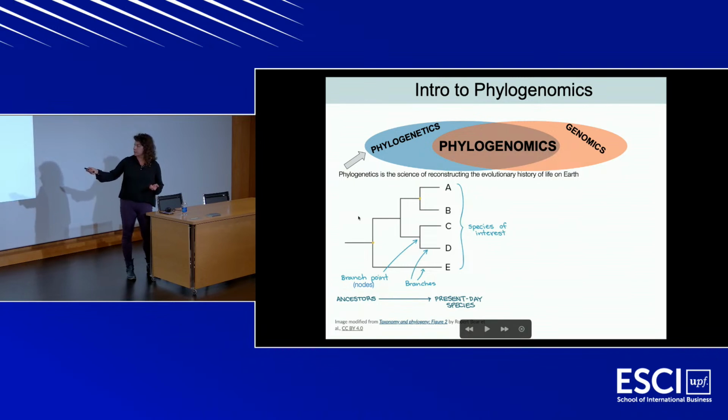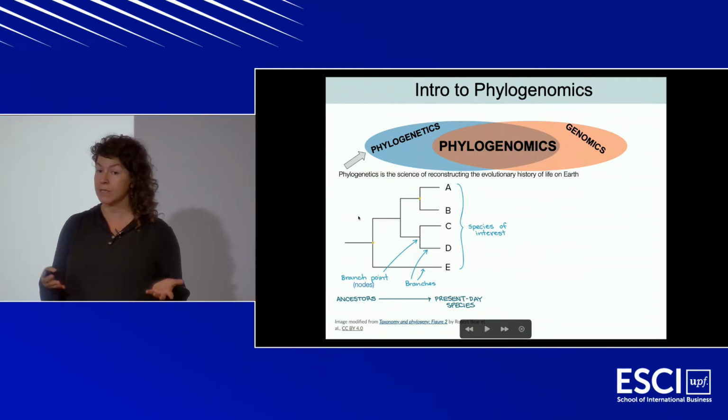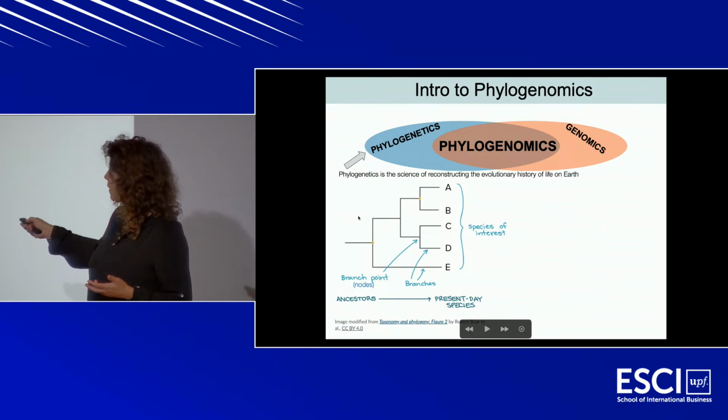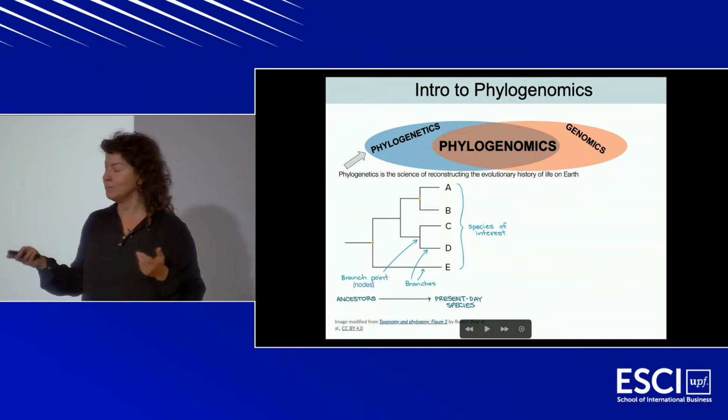And they are clustered closer to other species or genes or traits that are more similar to each other. And the farther away they are, the more different they are.